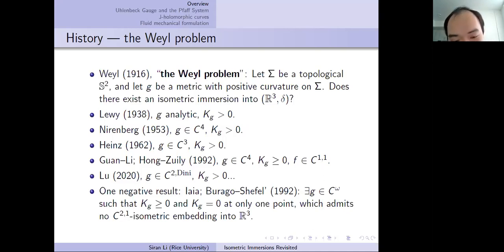So it's strictly positive everywhere and degenerate at only one point. But they proved that this metric actually has, by Guan-Li's result, a C1,1 isometric embedding, but it does not have a C2,1 isometric embedding. So the regularity for the embedding is not automatic. So yeah, this is the history of the Weyl problem.